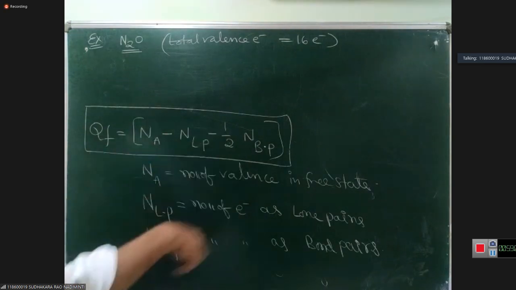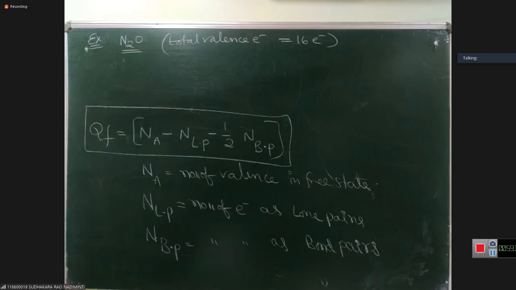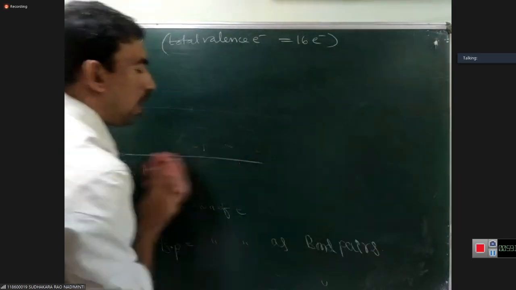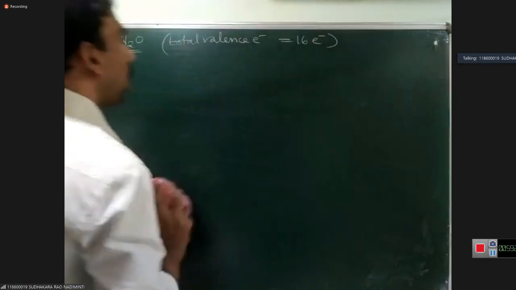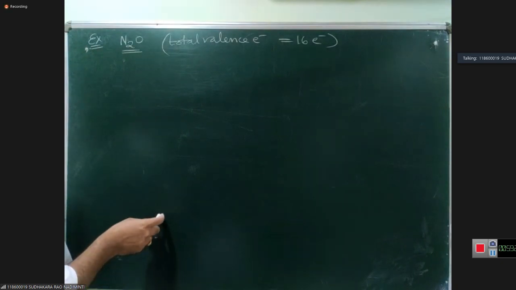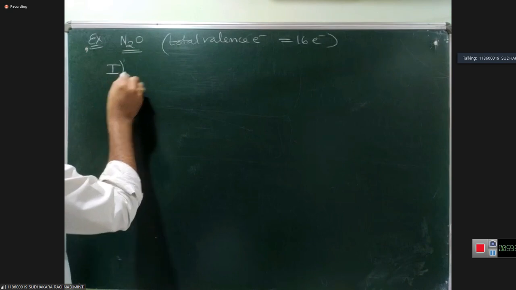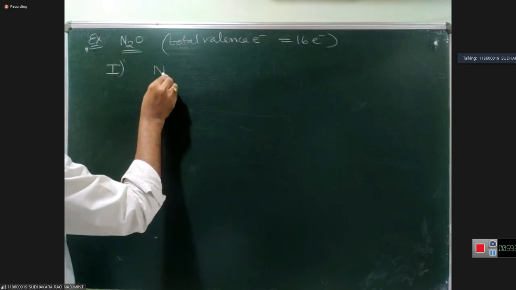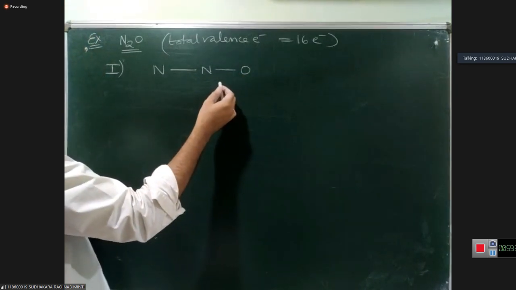So can I rub this part? So now you see, total N2O, total number of valence electrons 16. So the first resonance structure I can write for the nitrous oxide is N single bond O. You know how to write the Lewis dot structures.